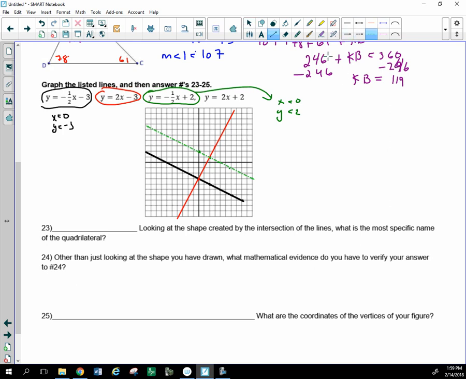And then finally, my last one I will graph in blue. Again, y-intercept, if I put 0 in for x, I get 2 for y, so I'm dealing with this point. And then it says go up 2 over 1, which doesn't really help me much for this one, because it looks like I'm going in the wrong direction.